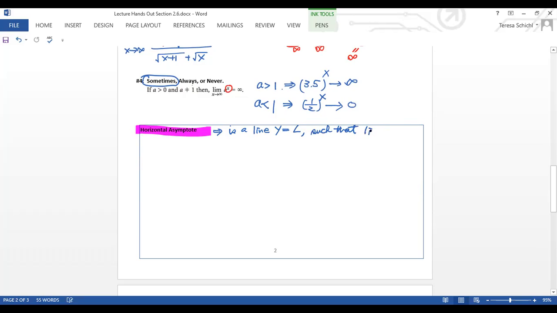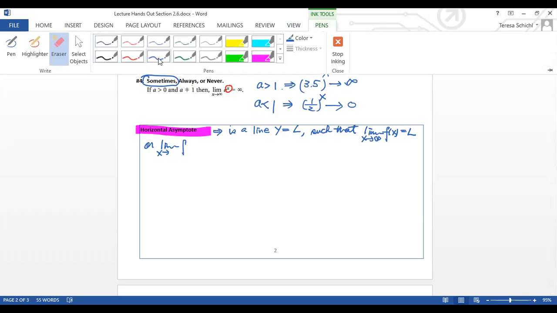And this line satisfies, like we talked about, the limit as x approaches infinity of f of x equals L. Or, I'm sorry, here it is x approaching negative infinity.